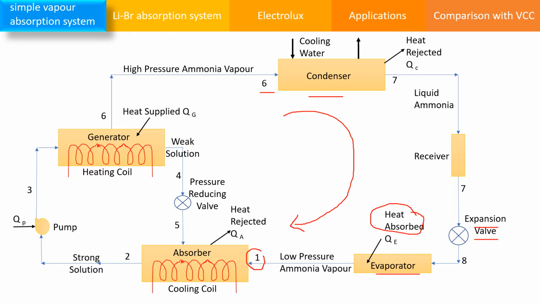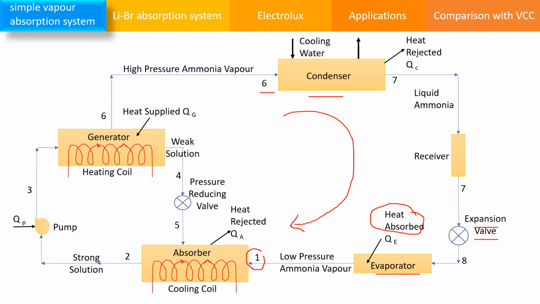So, point 1 receives low pressure ammonia vapor leaving the evaporator. This vapor is passed through the absorber where there is a weak solution of water and ammonia, also known as aqua ammonia solution. The weak aqua ammonia solution in the absorber is further cooled for increasing the holding capacity of water, or the dissolving capacity of water for ammonia.